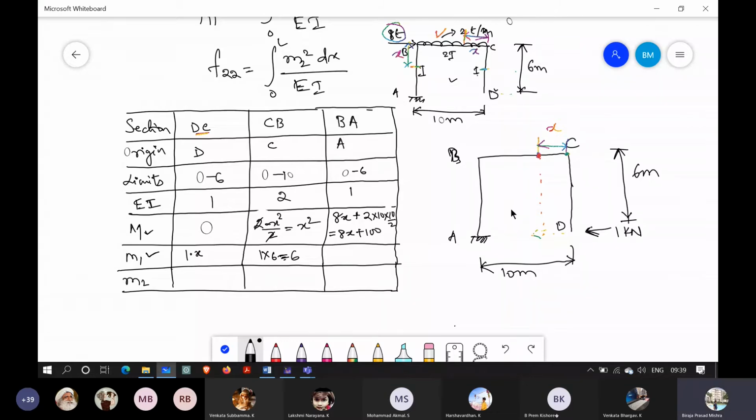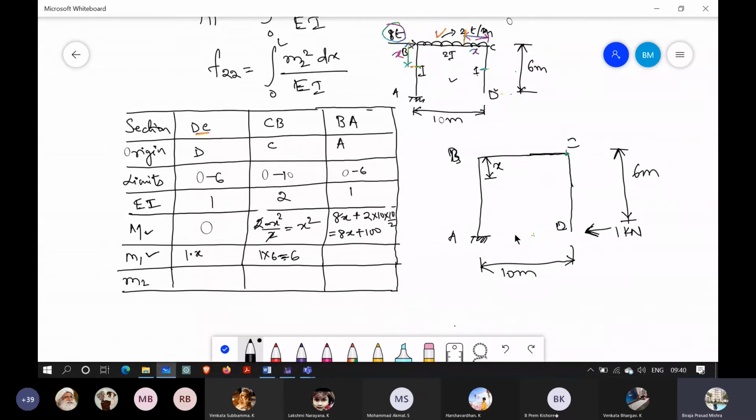Next, now let us take the section BA. Let us take the segment here for BA. Let's say this is X along this line. So what will be the moment contribution for this force?